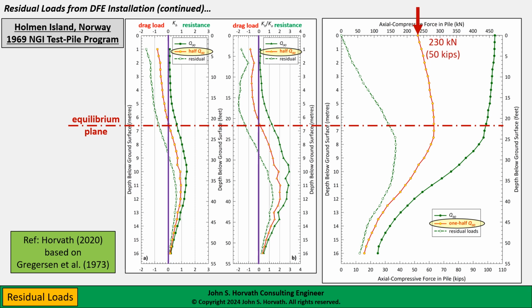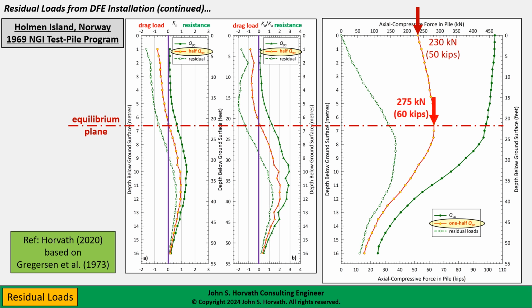And the point I want to make here is that in this case, we have 230 kilonewtons, roughly 50 kips, applied to the head of the pile. Now, typically, when we design a pile structurally, we'll often think that the largest load in that pile, or the DFE in general, is going to be at the head. Well, not necessarily, not when residual loads are involved.